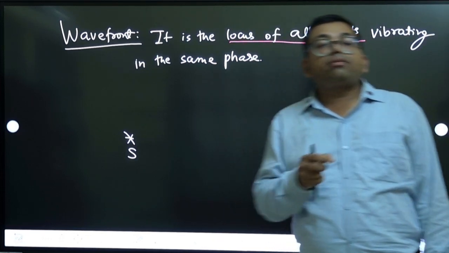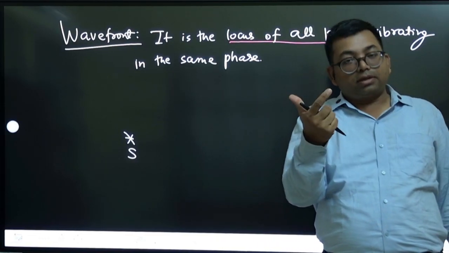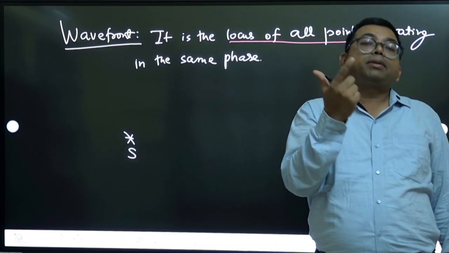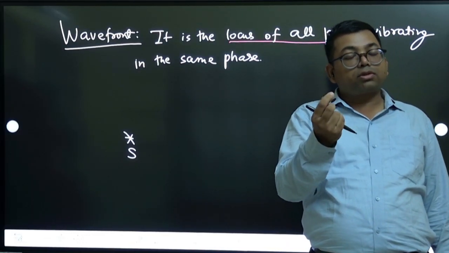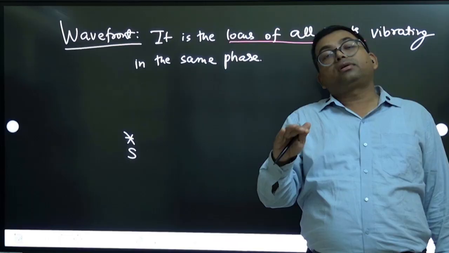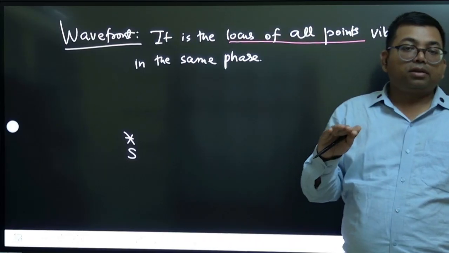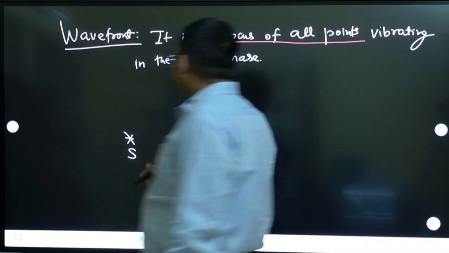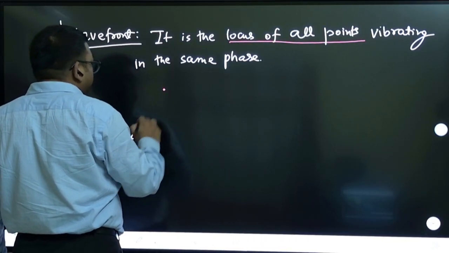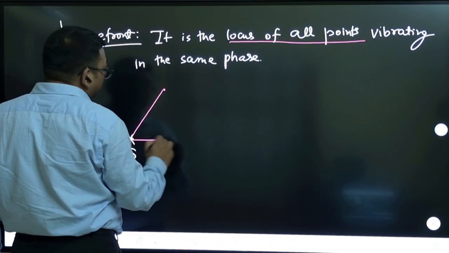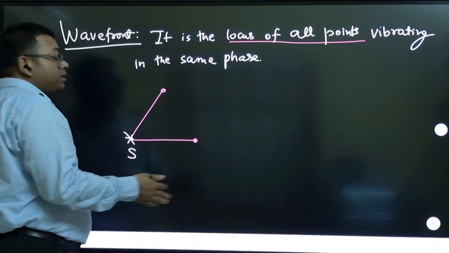Now which point will vibrate with the same phase? Try to understand. Suppose I create a disturbance here. All those points which are equidistant from this source will vibrate at the same time in the same manner. For example, suppose this particle is here and, at the same distance r, another particle is there, because the wave will reach these points in the same time.